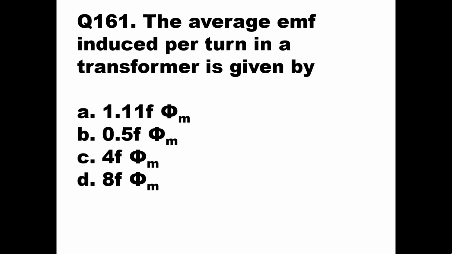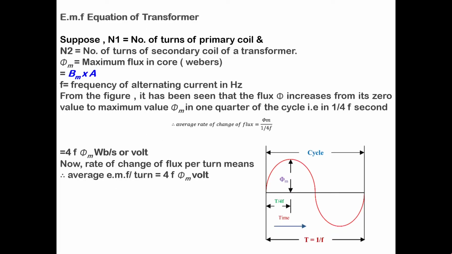Now if you want to prove that, you can use the EMF equation of the transformer. Suppose N1 is the number of turns of the primary coil and N2 is the number of turns of the secondary coil, and phi m is the maximum flux in the core, which is also equal to magnetic strength into area, B into A. Then f is the frequency of the alternating current.